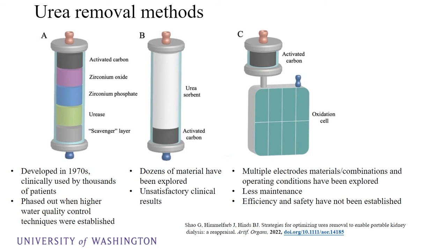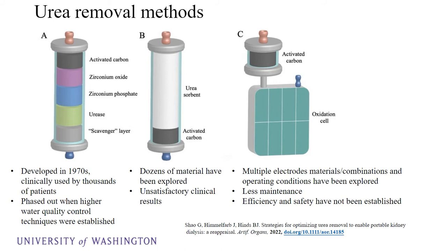Third, another urea removal mechanism is listed in Figure C, where the urea will be oxidized by an oxidation cell with multiple electrodes. Materials, material combinations, and operating conditions have been explored.